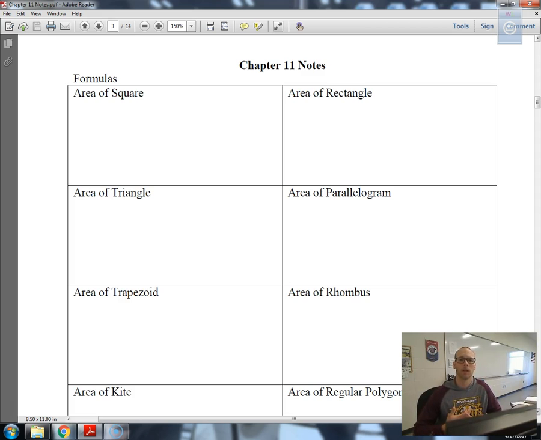We're after being able to think at a higher level to possibly solve for these missing dimensions that we need to find the area. And then, like I said, breaking down objects into shapes that we can find the area of individually, so we can find the area of the greater one. So square, rectangle, triangle, and parallelogram.